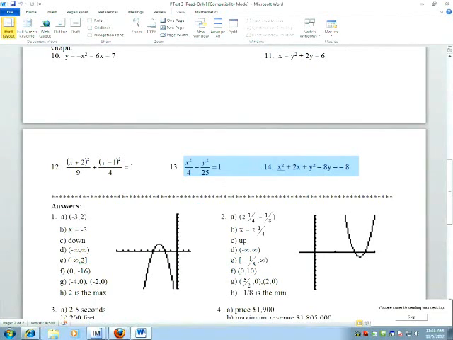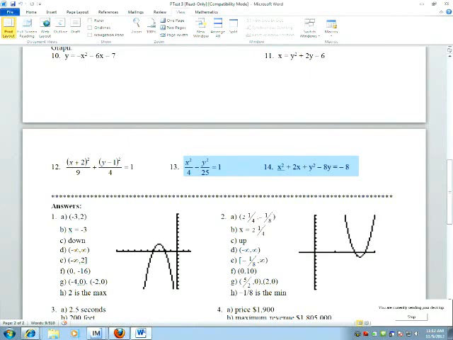If it looks like a circle, then you better check the radius, because if the radius is 0, it's actually just a point. And if the constant on the right-hand side turns out to be negative, then the radius is an imaginary number and it's no graph.